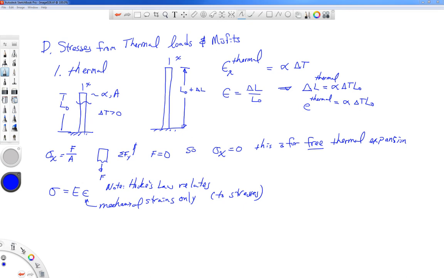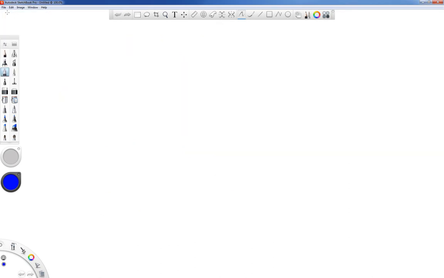All right, let's talk about a slightly different situation now. Let me get a new page. And let's take our bar, same one that we had on the previous page. And let's fix it in between two walls.